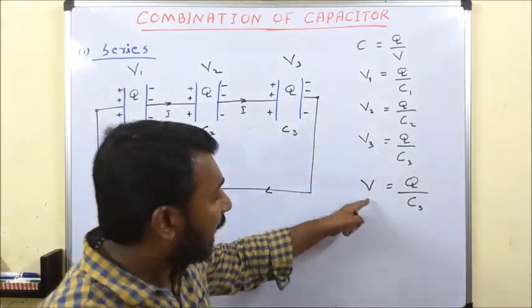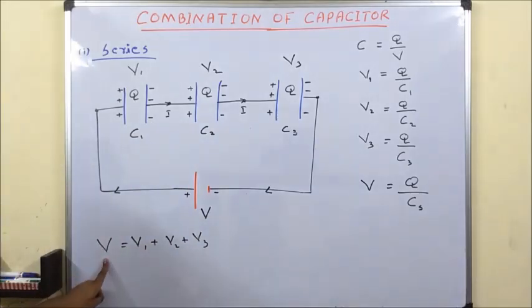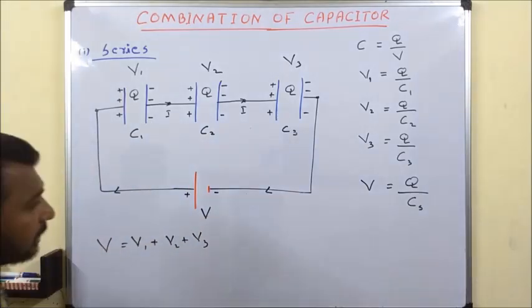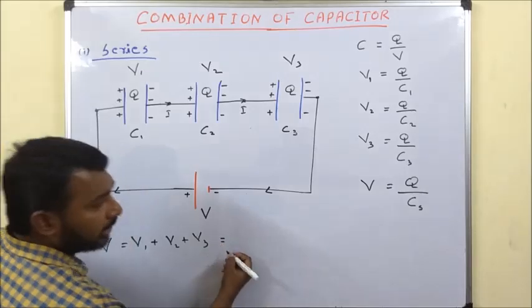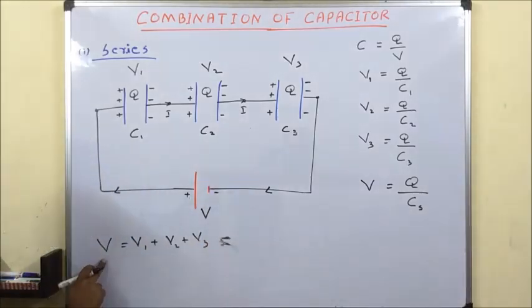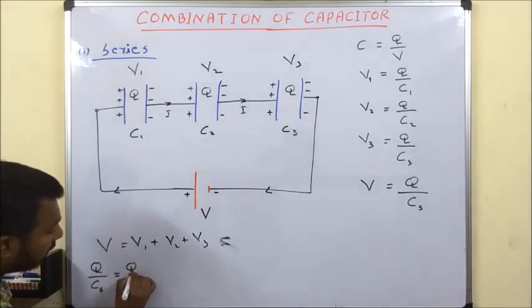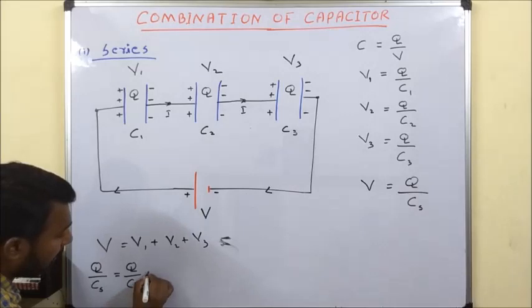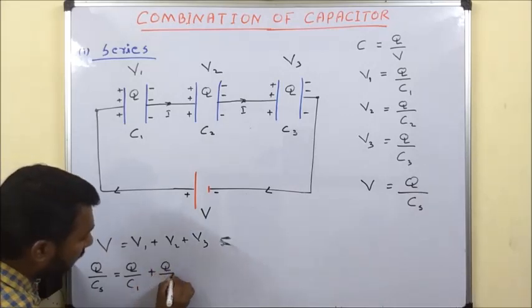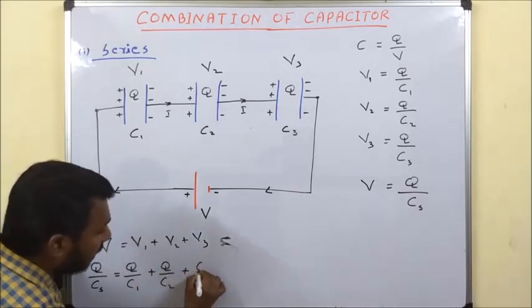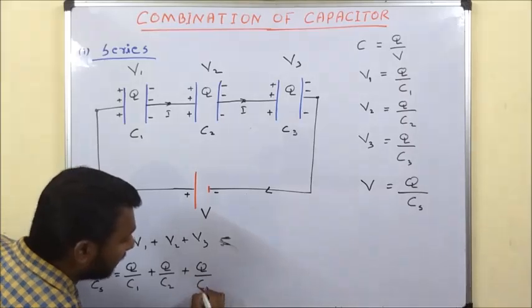V, Q divided by CS, is equal to Q divided by C1 plus Q divided by C2 plus Q divided by C3.